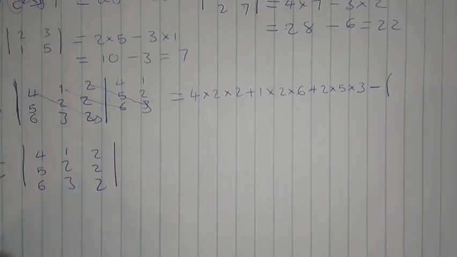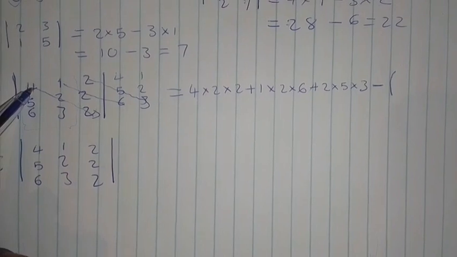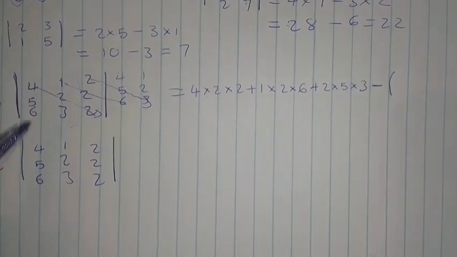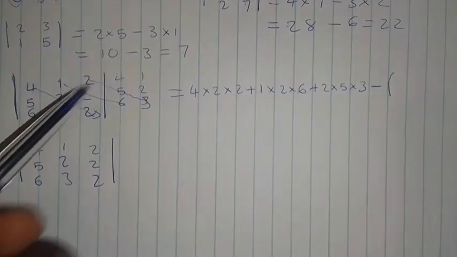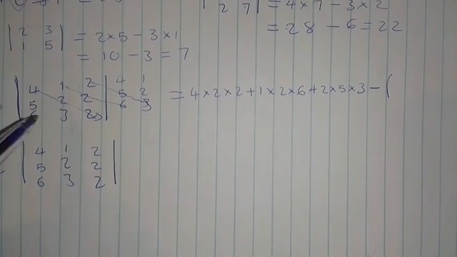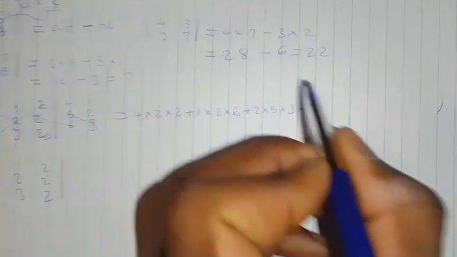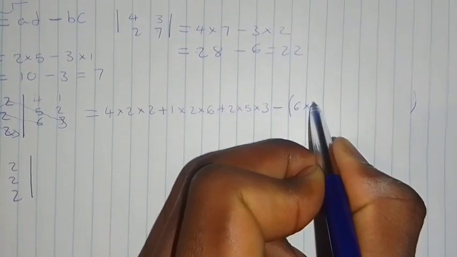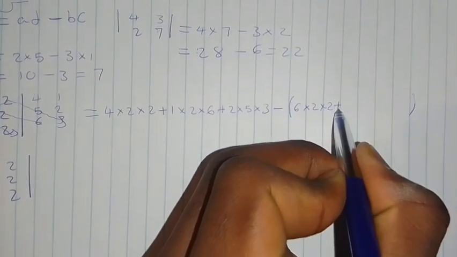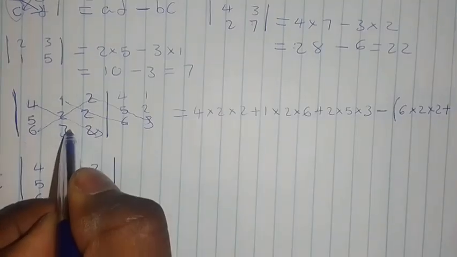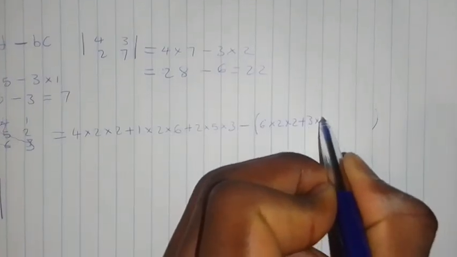Now, we started from top left. Now we're going to start from bottom left, going that side. So it's going to be 6 by 2 by 2, plus, now we're going to have 3 by 2 by 4.